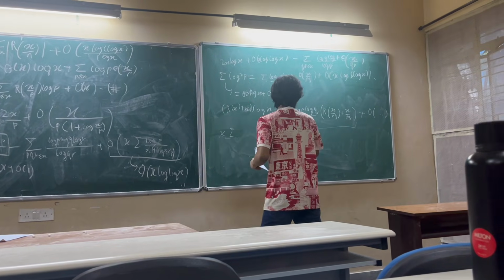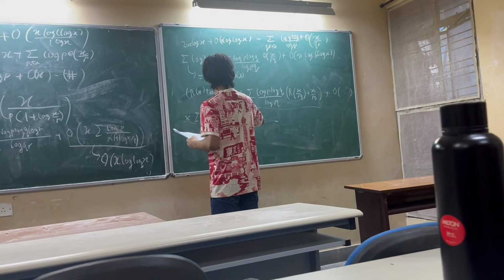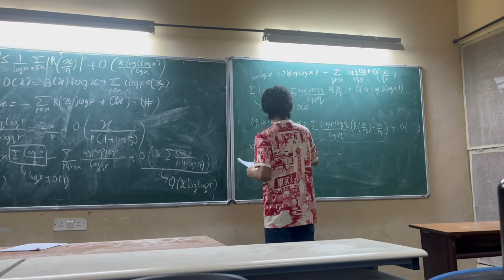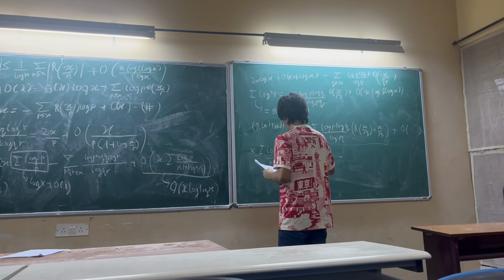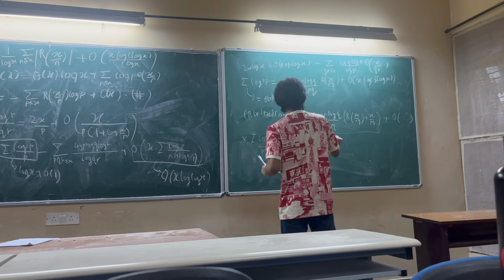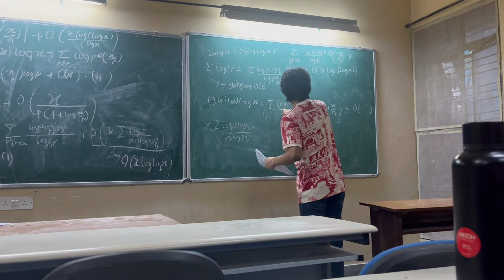Like simply the x comes out and the p cube comes in the bottom, log q by q log p cube. Now the R term, I ignore the R term for now, just deal with this term multiplied by x by p cube first.